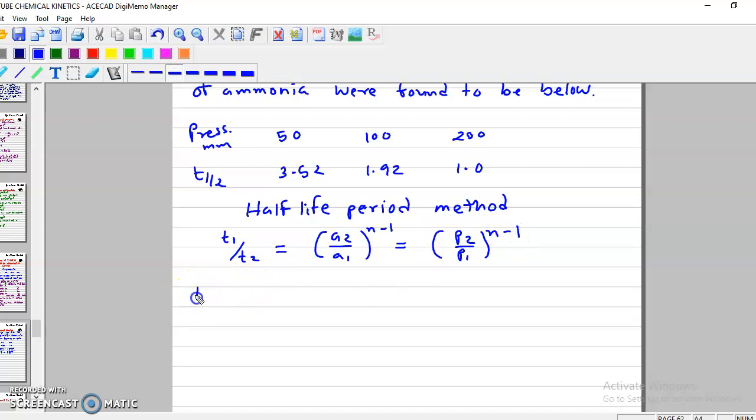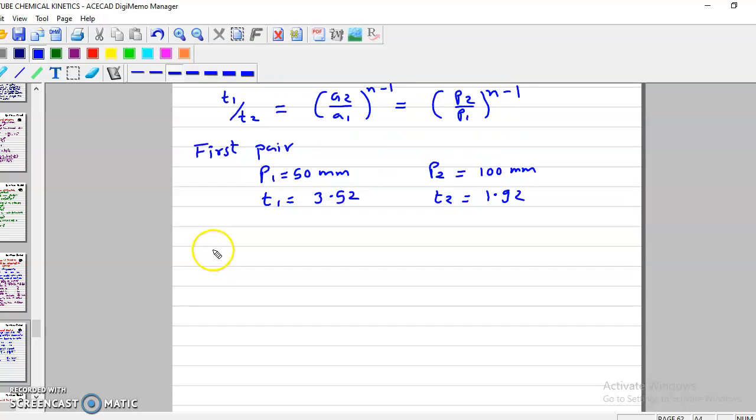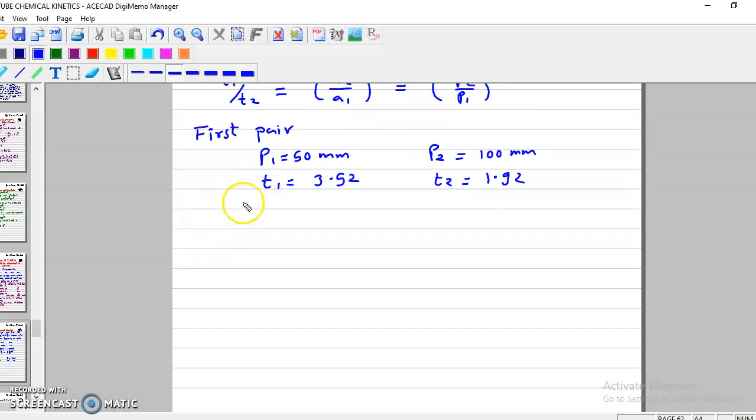Okay, so for the first pair, we can write p1 is equal to 50 mm, p2 is equal to 100 mm, t1 will be 3.52 and t2 is 1.92. So here we can substitute these values in t1 upon t2 is equal to p2 upon p1 raised to n minus 1.